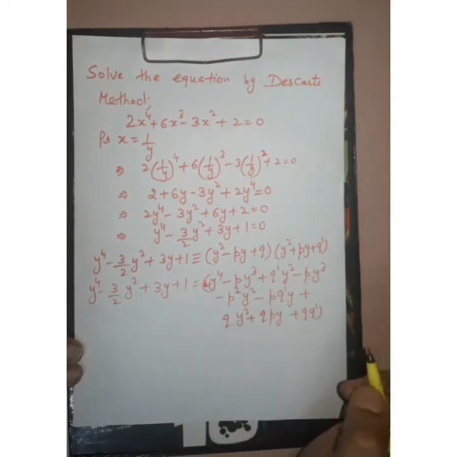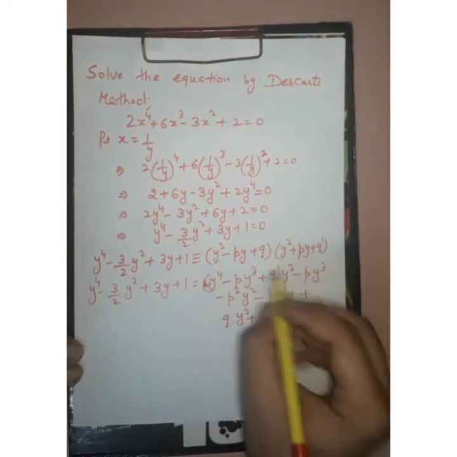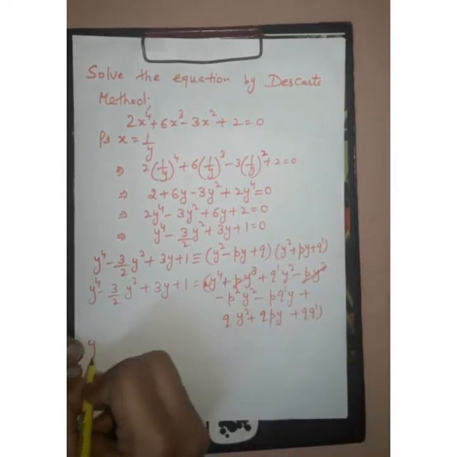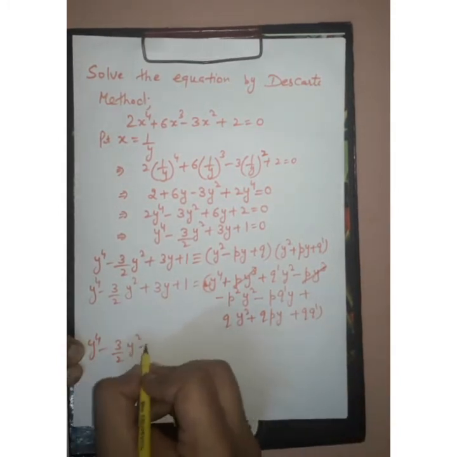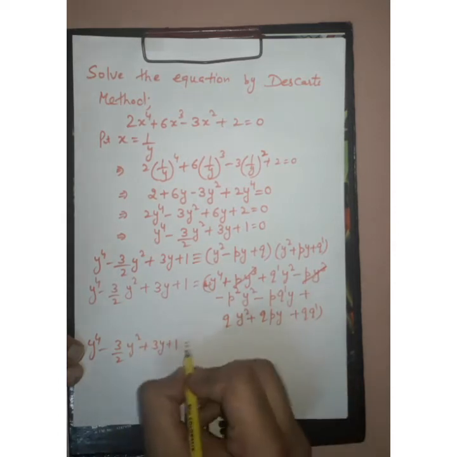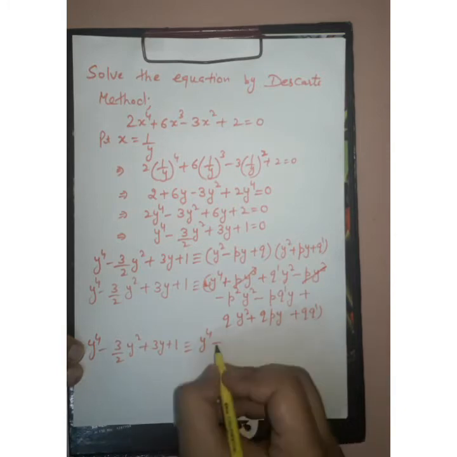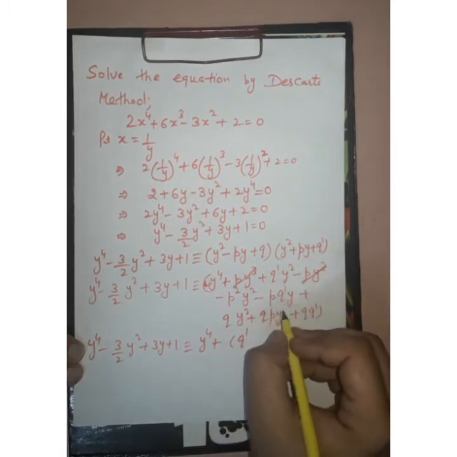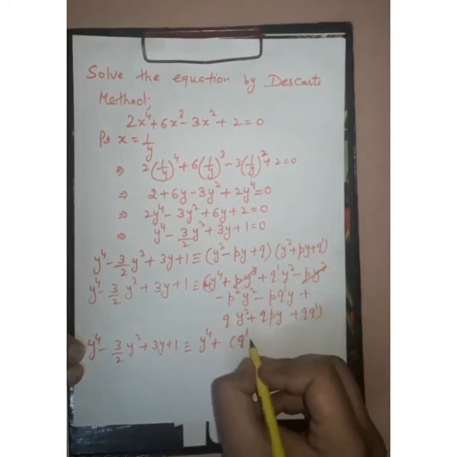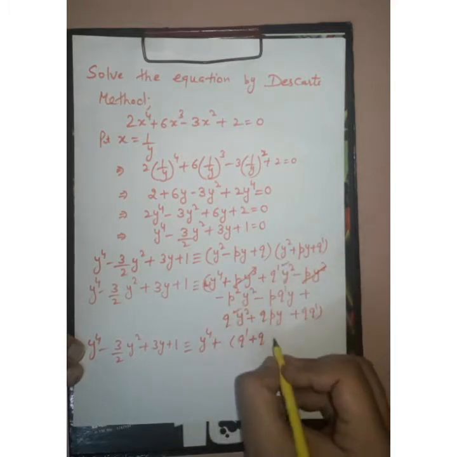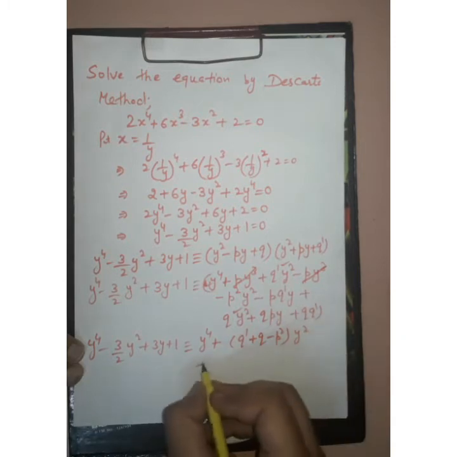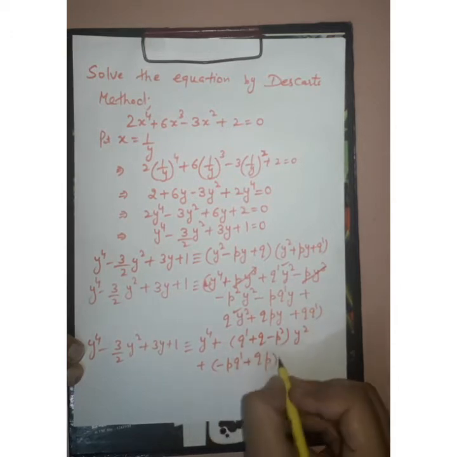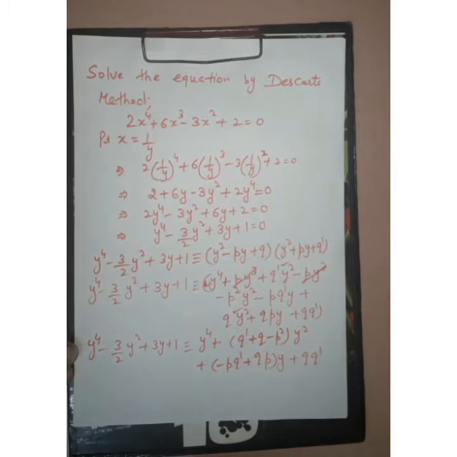You can see the terms in y cube cancel out, and y4 minus 3 by 2 y square plus 3y plus 1 is equivalent to y4 plus the coefficient of y square, that is q dash plus q minus p square, and the coefficient of y, that is minus pq dash plus qp, and the constant is q dash q.